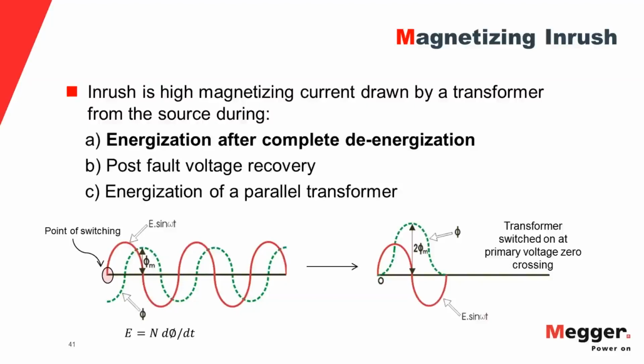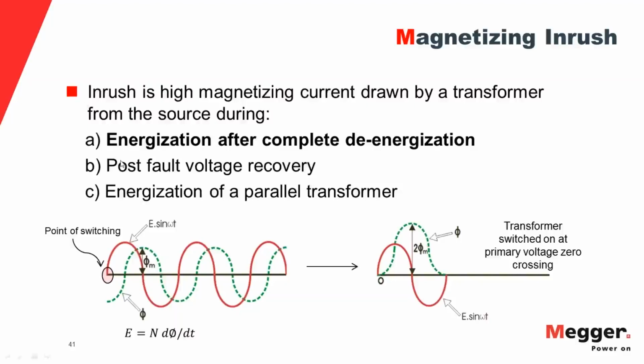Now, this diagram I've taken especially for the case of energizing the transformer after complete de-energization. In this example, I have energized the transformer at the zero crossing of the applied voltage waveform. According to Lenz's law, the voltage should be in quadrature with the flux.